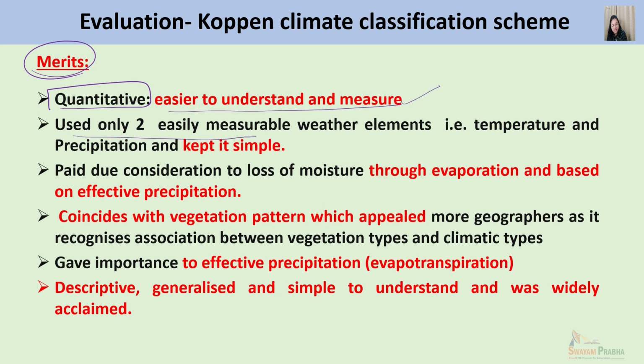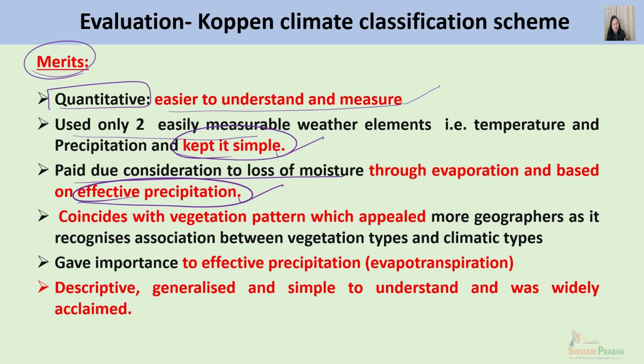And it used only two variables, which were temperature and precipitation. So he kept it simple by taking only two variables. And he paid due consideration to loss of moisture, and he also considered the effective precipitation in his later modifications, where he gave importance to effective precipitation also.